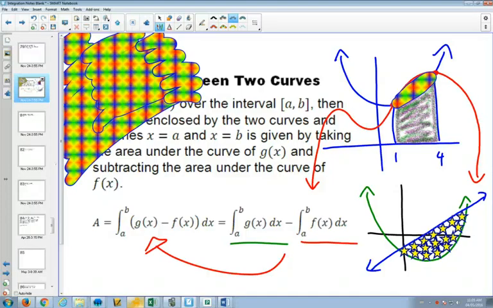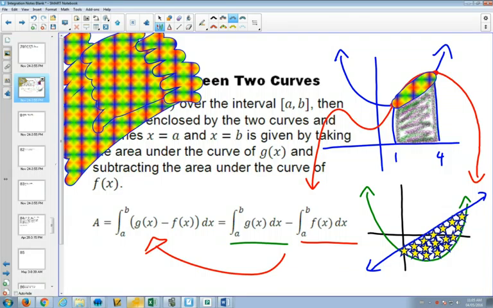The area between them, notice that some of that area is above the x-axis and some of it's below, and that caused us issues before because some of that area was negative and some of it was positive. The nice thing about finding the area between the two curves is you're not going to have to worry about that. You just have to do the one function, subtract the other function. It doesn't matter if it's above or below the x-axis.